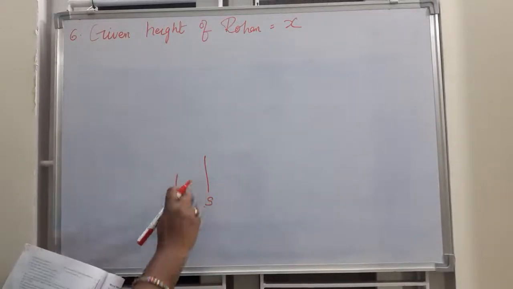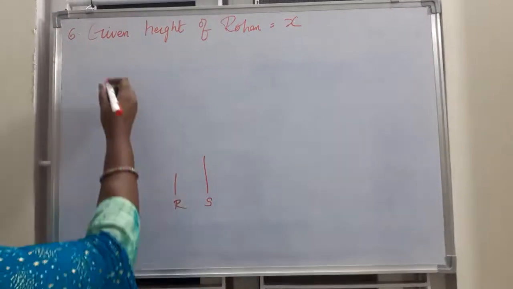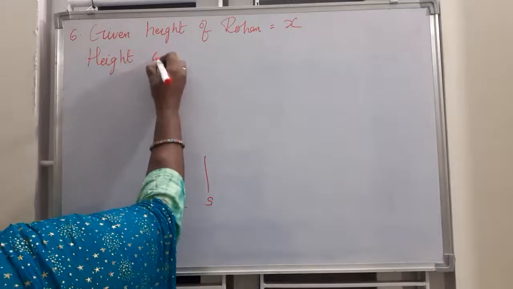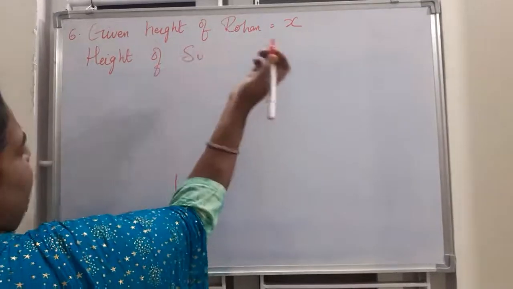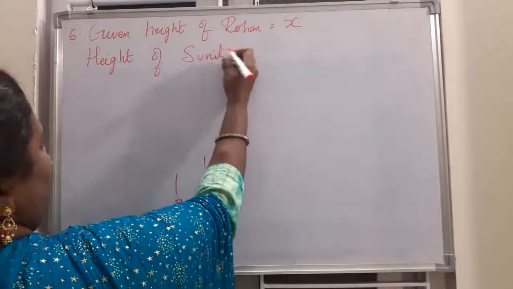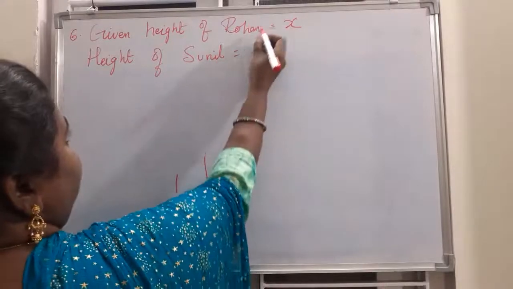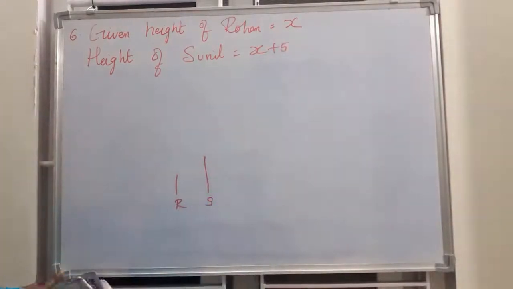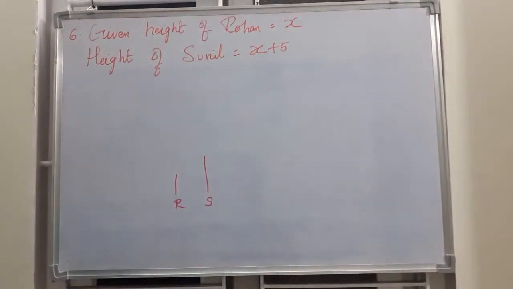How much is he more? 5 centimeters. Now write here height of Sunil, or Sunil's height, anything is fine. So Sunil is 5 centimeters more than Rohan, so x plus 5. So what is the height of Sunil now? x plus 5.